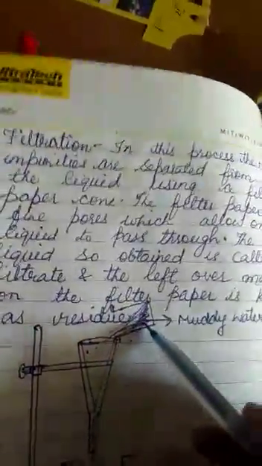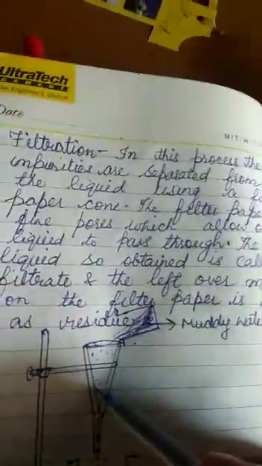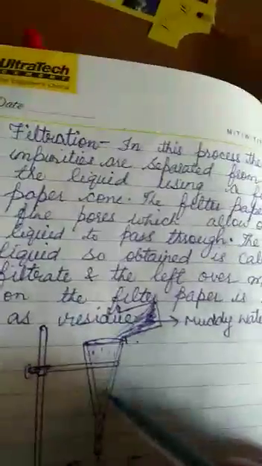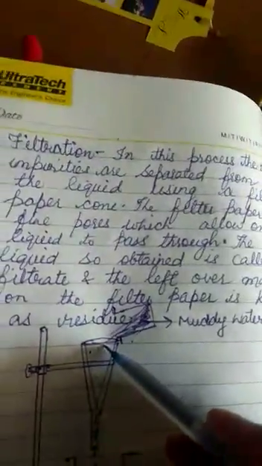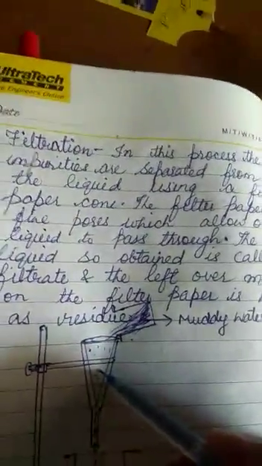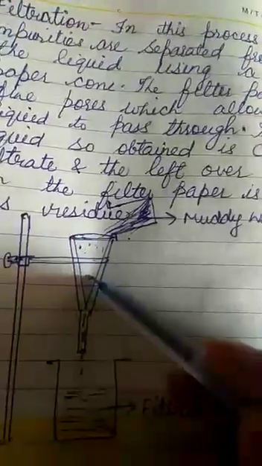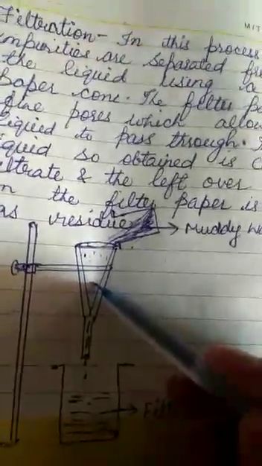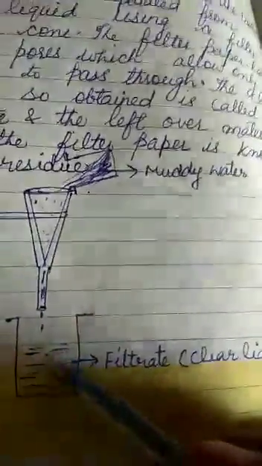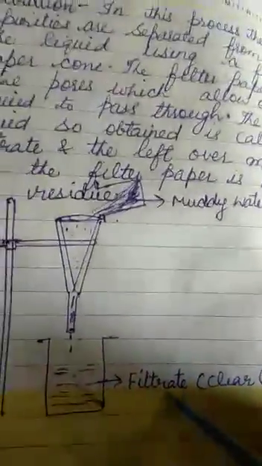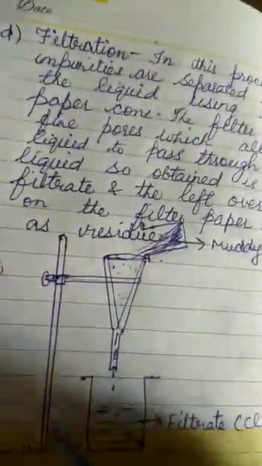Now we allow the muddy water to pass through this filter paper cone. The mud will remain inside the filter paper cone and only water will come out. The mud which remains on the filter paper is known as residue and the water which we obtain is called filtrate and the method is called filtration.